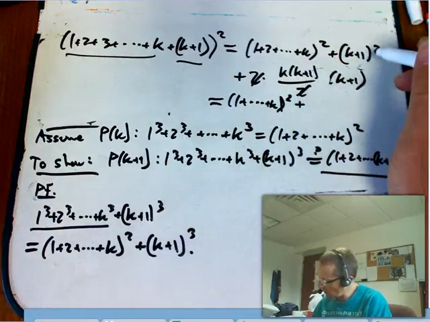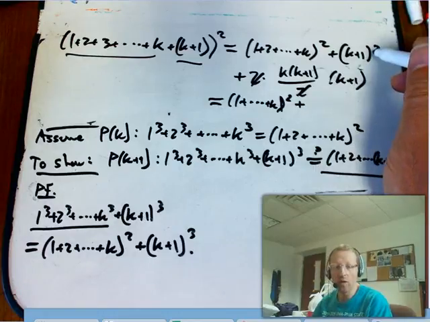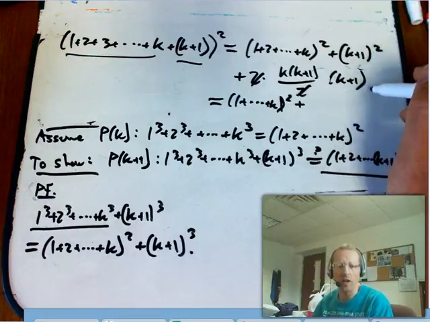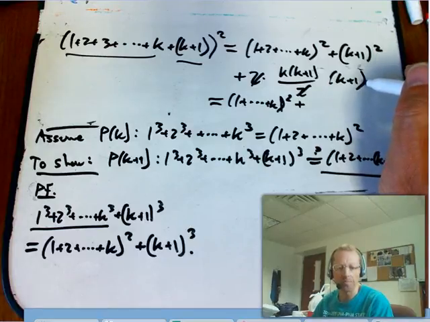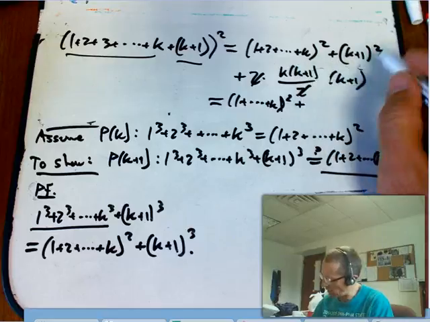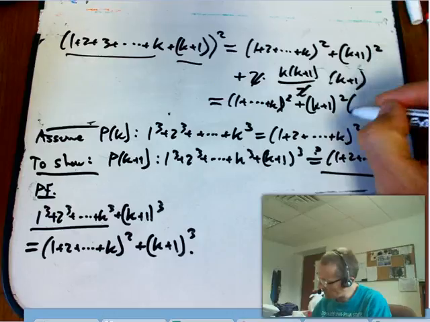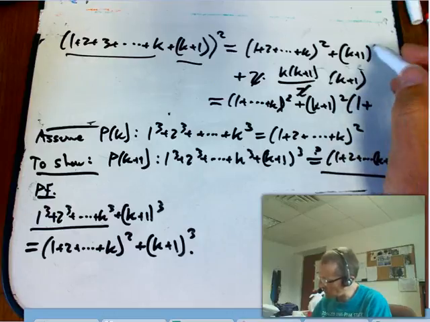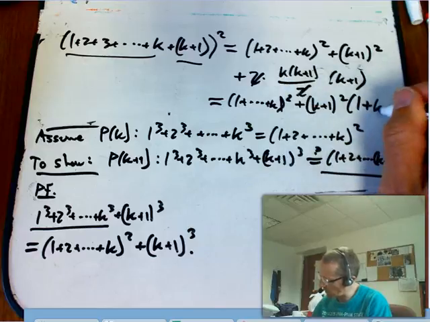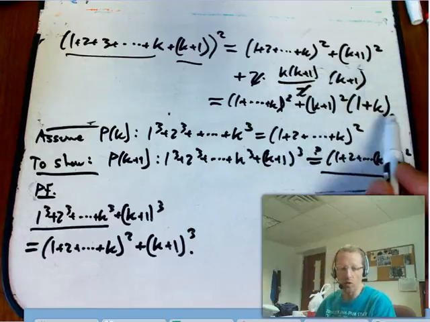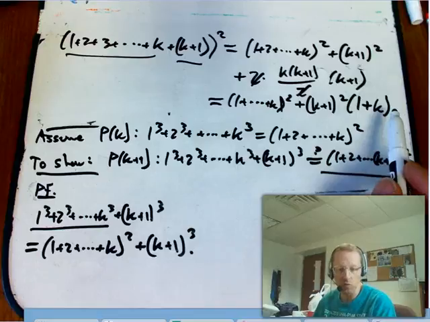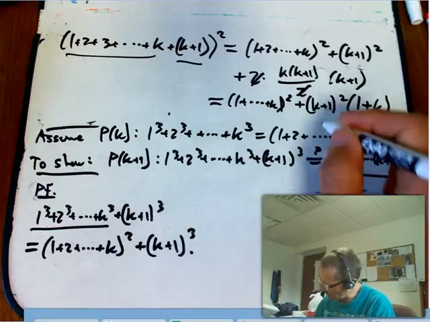Plus, okay, this is a k plus 1 squared, and that's a k plus 1 squared times k. Okay, so we have a common factor of k plus 1 squared times 1 plus, okay, that's just a 1 times k plus 1 squared, and then an extra k. Oh, hey, that's no more, no less than k plus 1 quantity cubed. Okay, so these are equal.